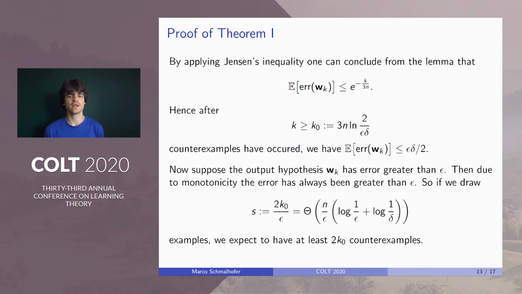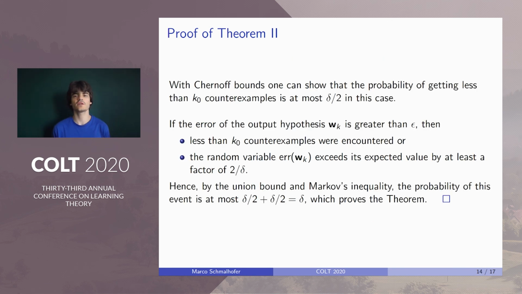Now, if we suppose the output hypothesis, wk, has error greater than epsilon, then due to monotonicity, the error has always been greater than epsilon. So if we draw 2k0 over epsilon many examples, we expect to have at least 2k0 counterexamples in it. And with the Chernoff bound, one can show that the probability of getting less than k0 counterexamples is at most delta half in this case.